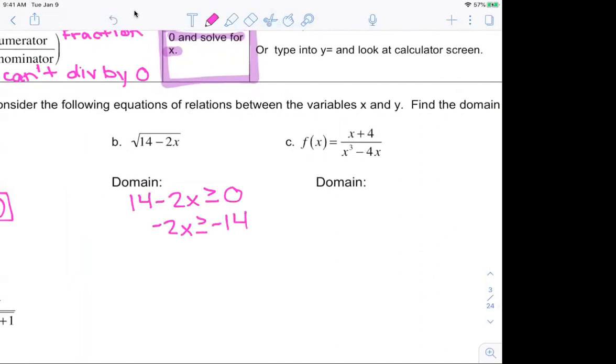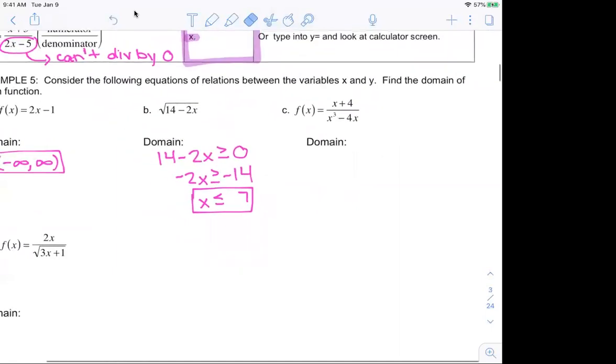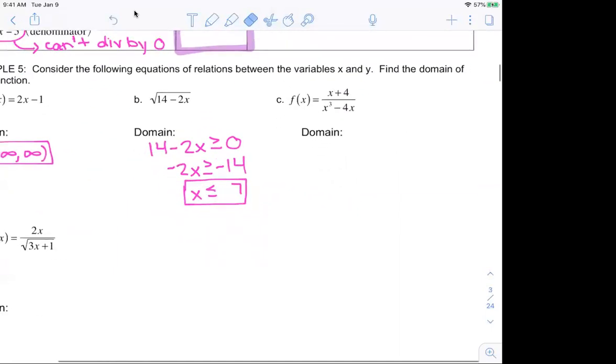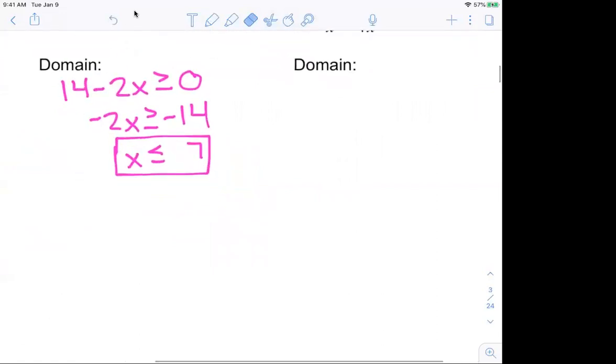That would give you negative 14. You would divide by negative 2. And when you divide by a negative number, you have to flip your sign. So your domain are all values where x is less than or equal to positive 7. And it doesn't tell you what form it has to be in. It says find the domain of each function, so that would be fine.